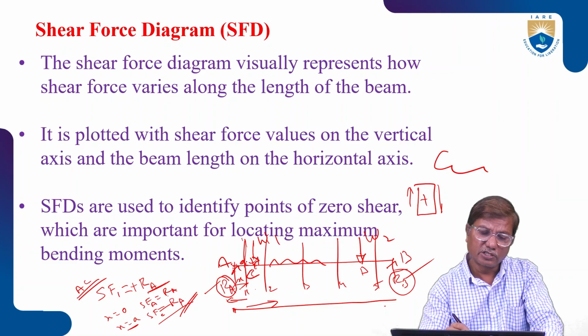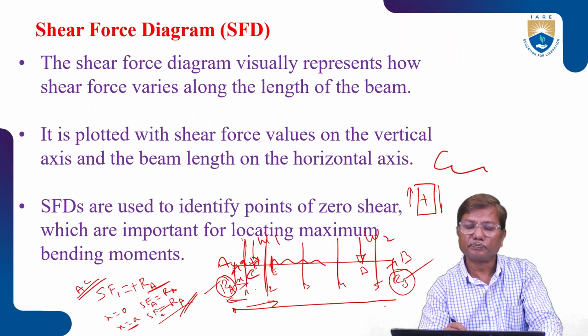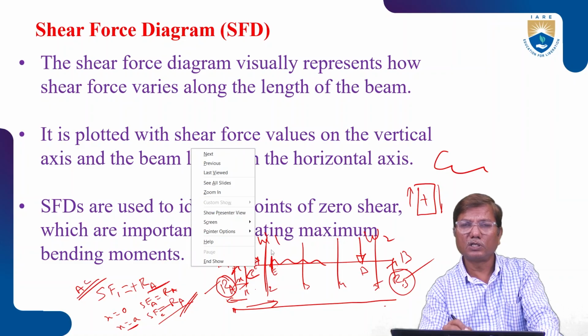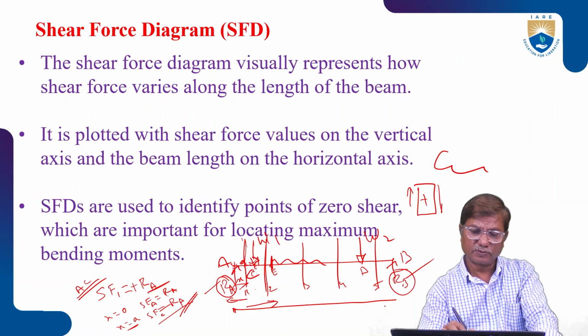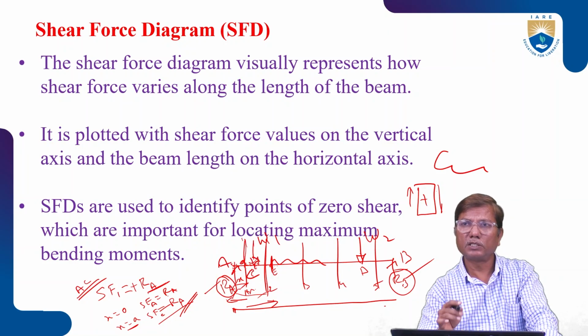What happens when the section is just to the right of C? For that, we consider this. Between C and E, if you consider a section 2, then when the section is at C, that will be just to the right of C. That is to be taken care of. In the case of a section between C and E, at x equal to a, x is again taken from A. At x equal to a means the section is at C, but not exactly at C, it is just to the right.